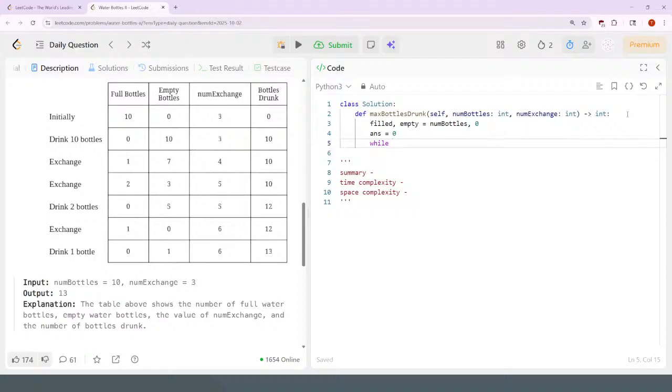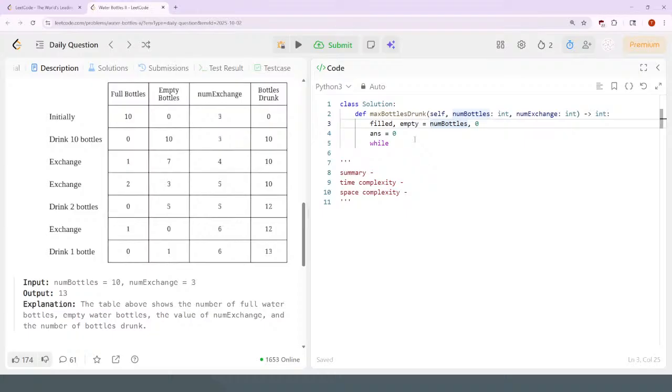While filled plus empty is less than... what is the stopping point? Stopping point is when your empty water bottles is less than numExchange. No, that's not right, because that's the initial condition.